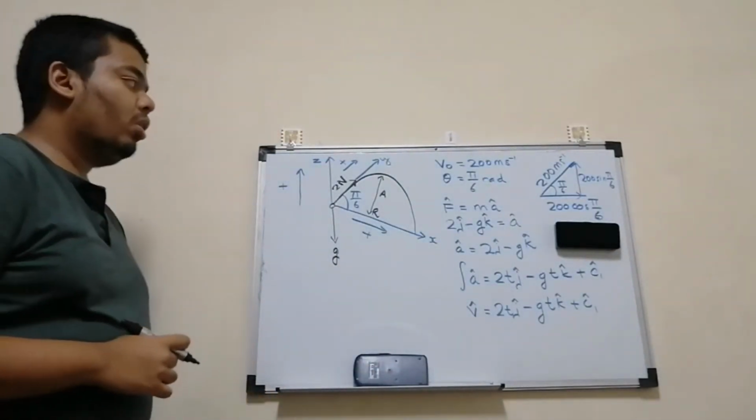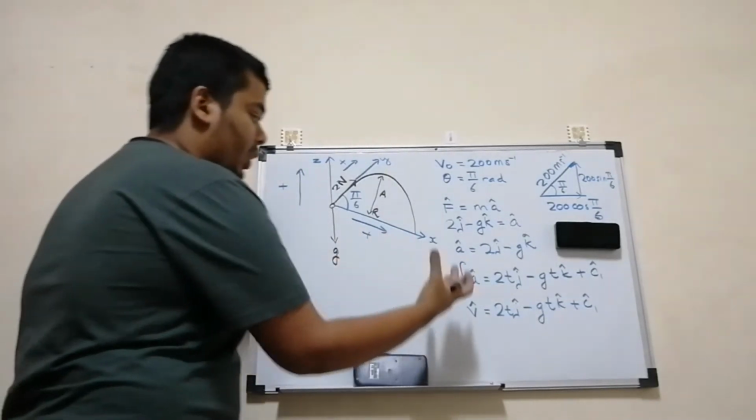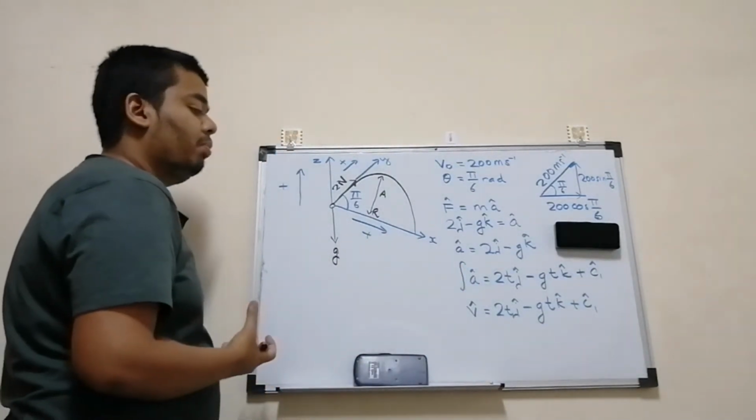When we go ahead with our derivation of the velocity vector, we still don't have it completely.